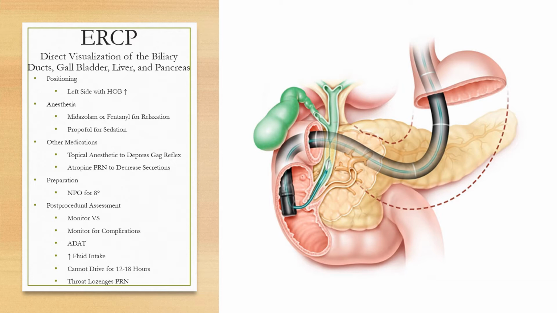Okay, so the ducts of the pancreas. It's actually not showing in this image that the contrast media not only goes into the common bile duct, it goes into the pancreatic duct as well.